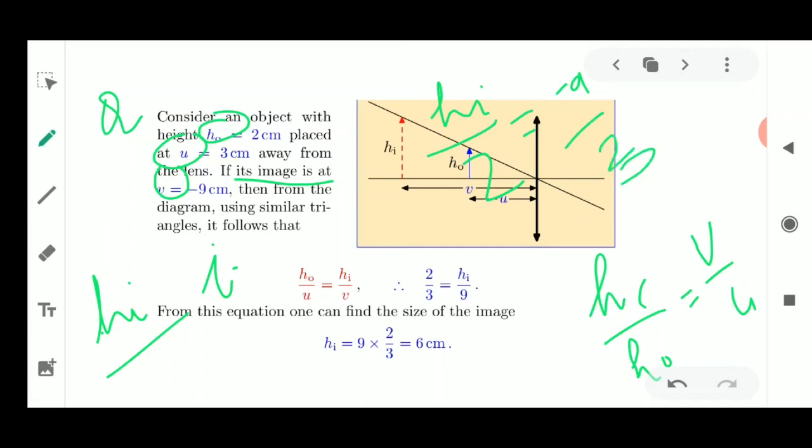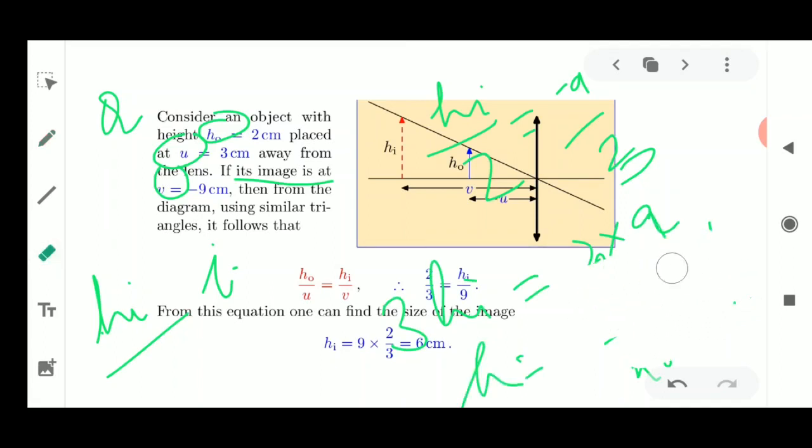Now what about hi? That will be 3 into hi equal to 2 into 9, so hi is equal to 2 into 9 divided by 3. Here it becomes 3, and the answer will be 6 centimeters.